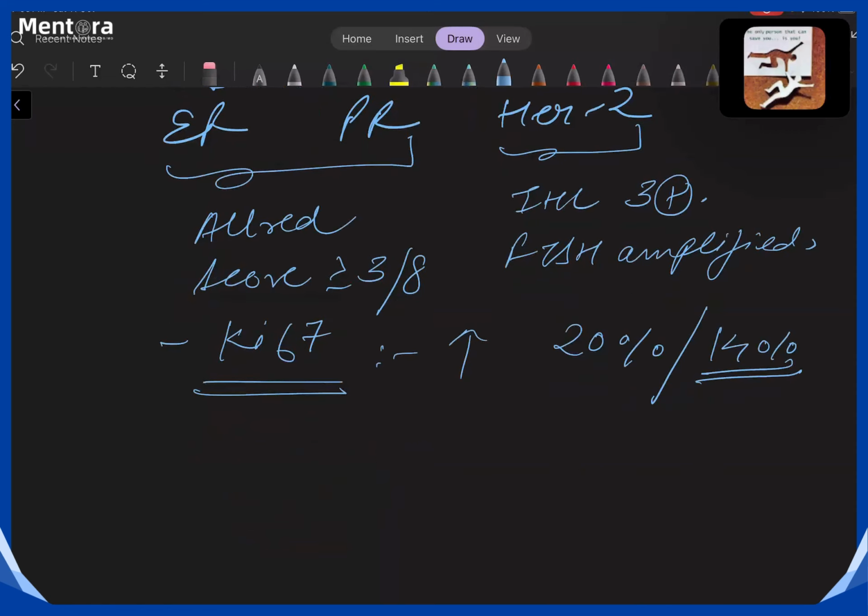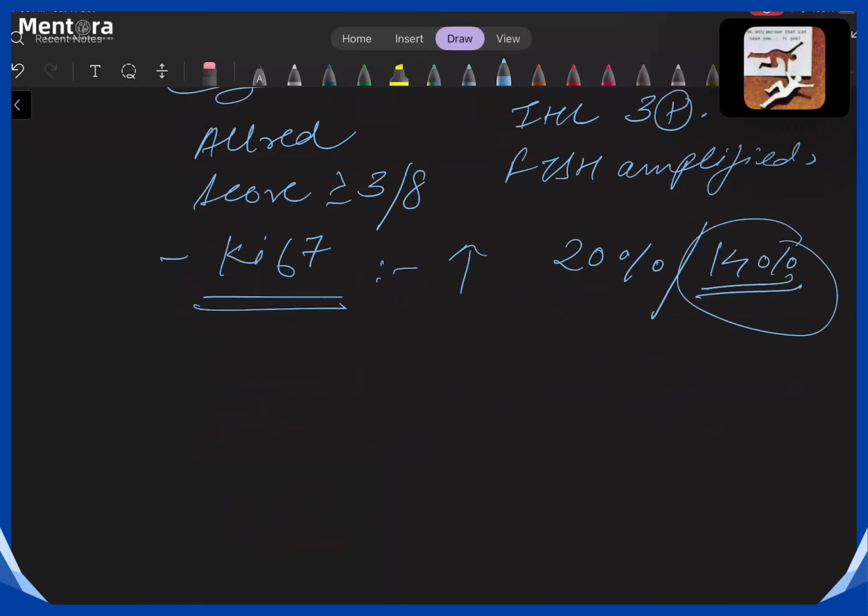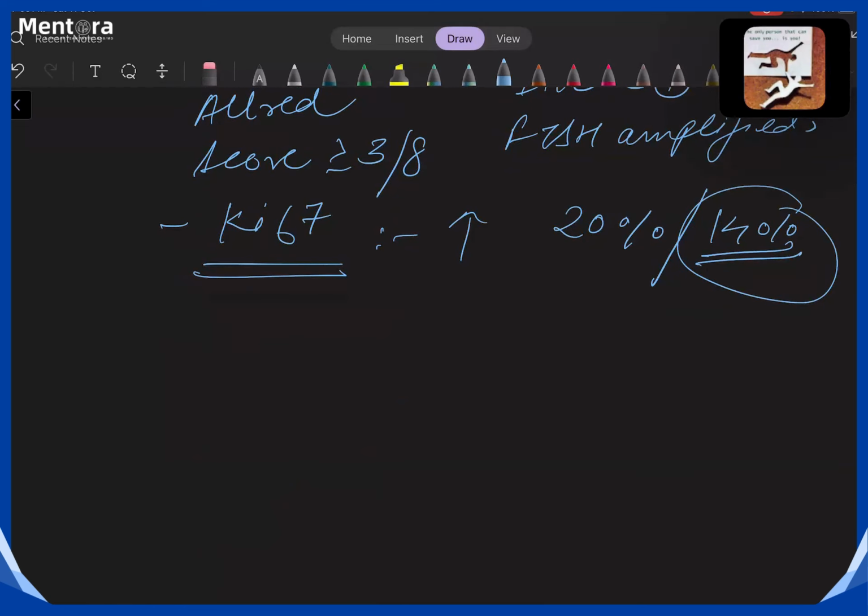Tata Memorial and our institute usually take 14% as a cutoff, so it is a safe value. Tumors with less than 14% Ki67, which are ER-PR positive and HER2 negative, are considered to be luminal A subtype. Those with Ki67 more than 14% and are ER-PR positive and HER2 negative are considered to be luminal B subtype.